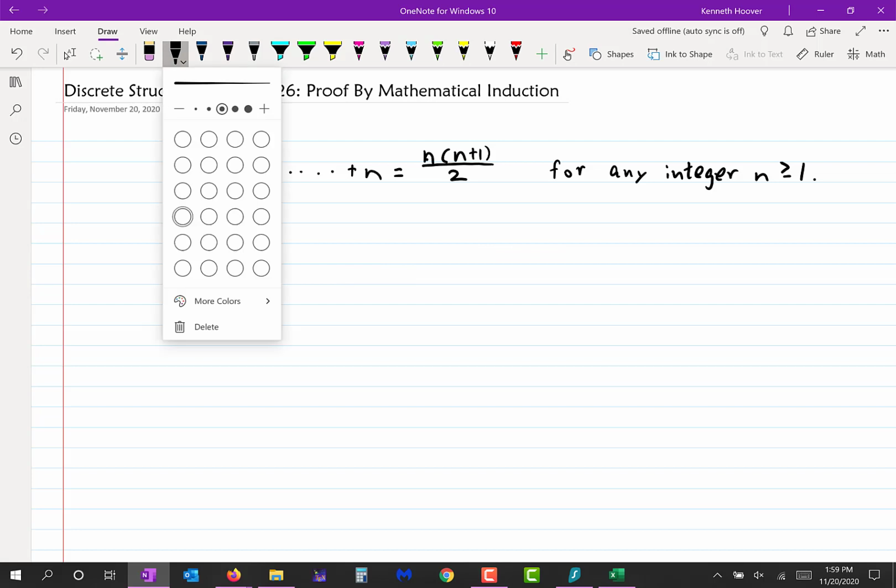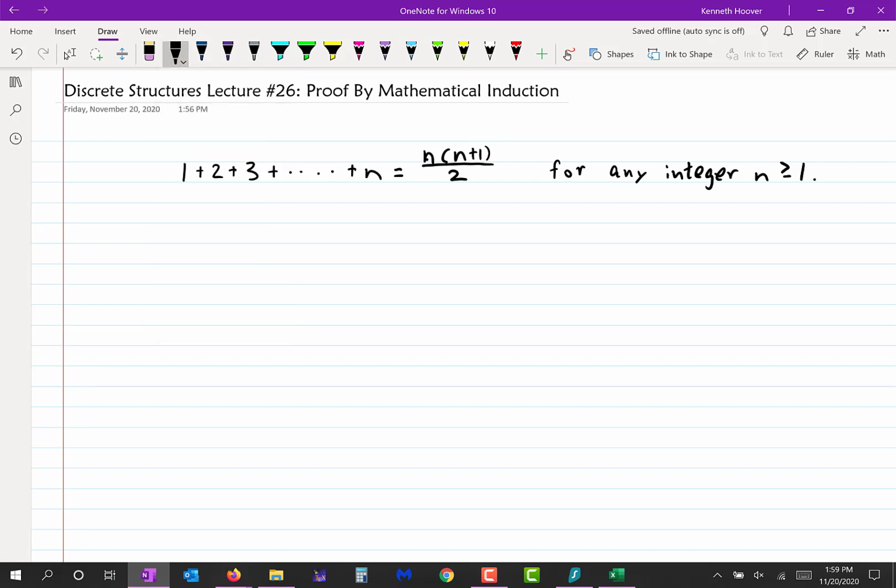So let's start off with this idea. There is something called the principle of mathematical induction. Okay, here's what it says.